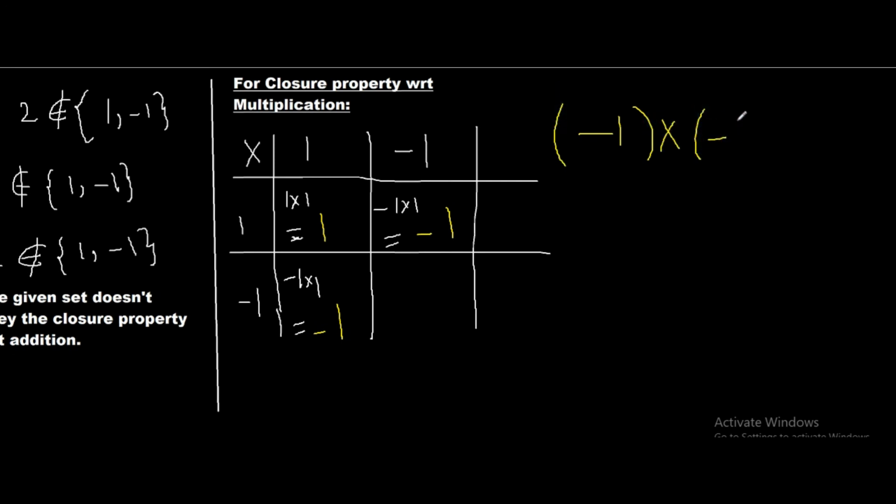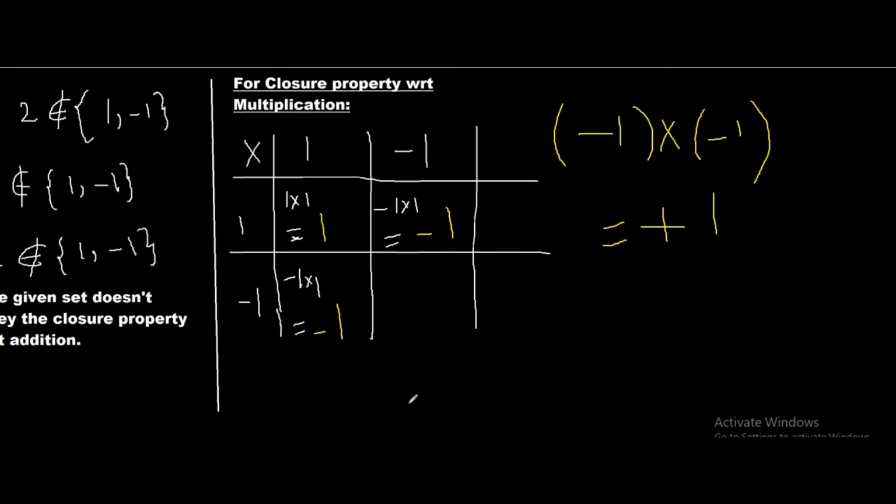Negative 1 multiplied by negative 1. You can see that during multiplication, if two negative symbols are multiplied with each other, negative makes a positive. So this is positive, and 1 is 1. So you have positive 1, or simply you may write it as only 1.